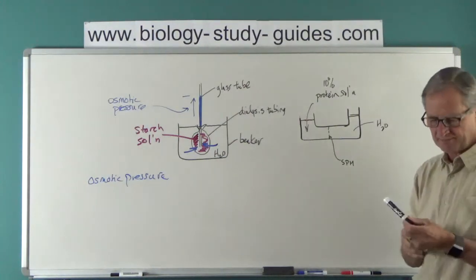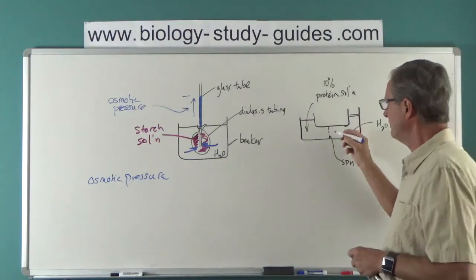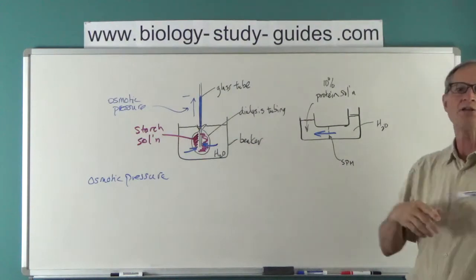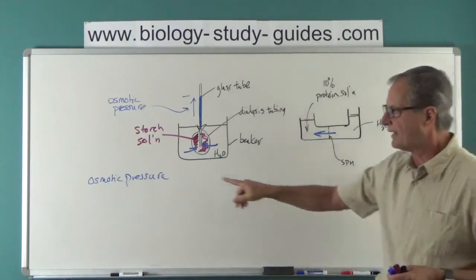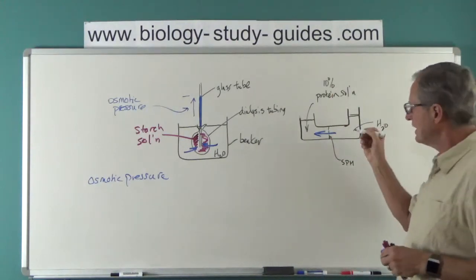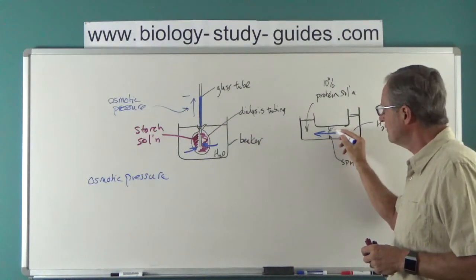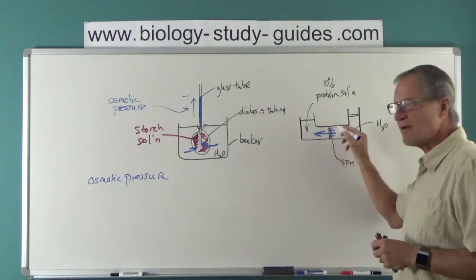What's going to happen? Water is going to be drawn through this way. The reason it gets drawn through that way is in order to satisfy the laws of diffusion. To come back to osmotic pressure is exactly the rate and the force of the molecules of water banging on that membrane.